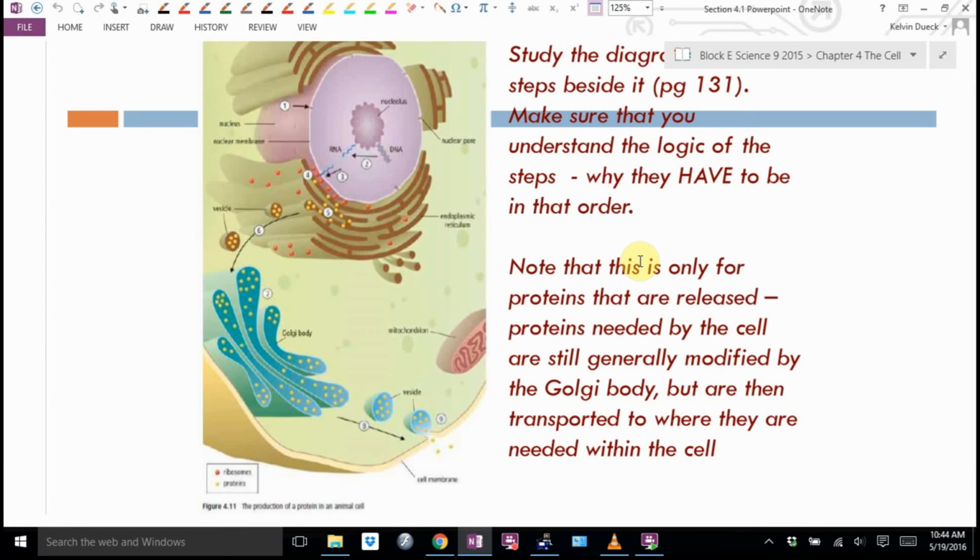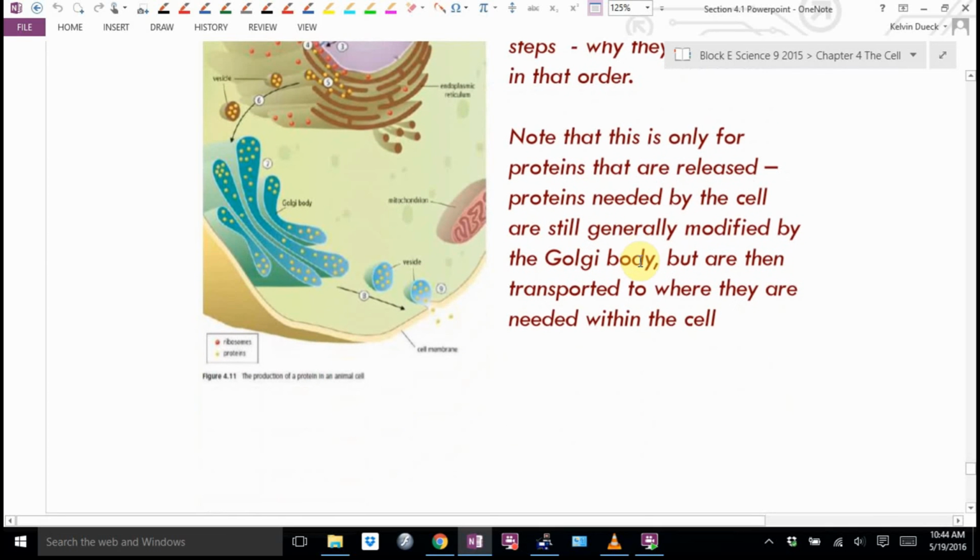That might be a nice test question. Okay, Brooke? Note, this is for proteins that are released outside of the cell. Proteins that are needed by the cell are still usually modified by the Golgi body, but then instead of the vesicle transporting them to the cell membrane, it just transports them to wherever they're needed.